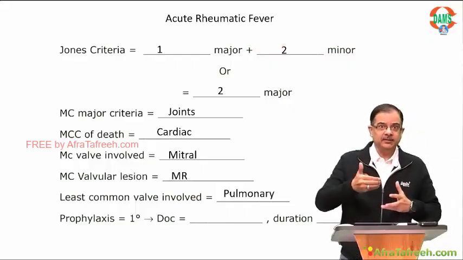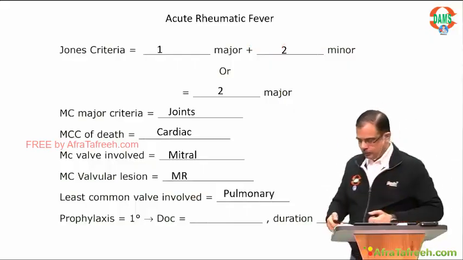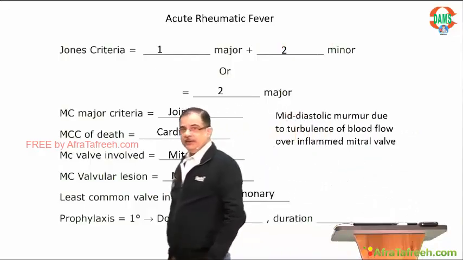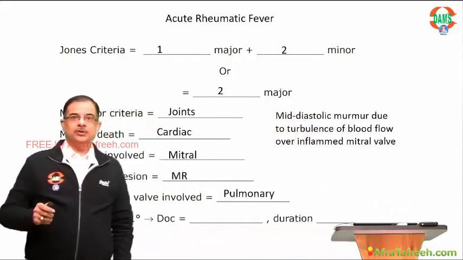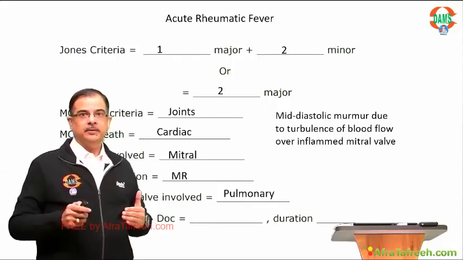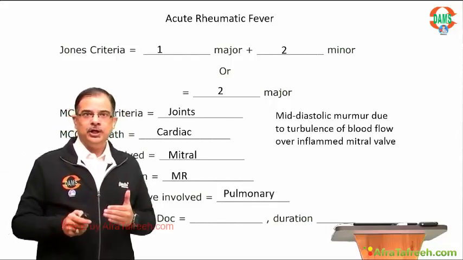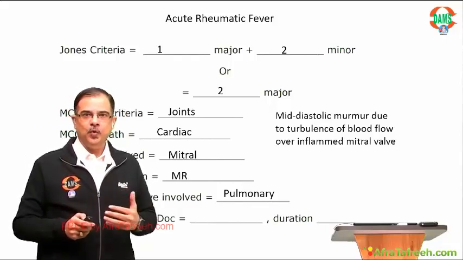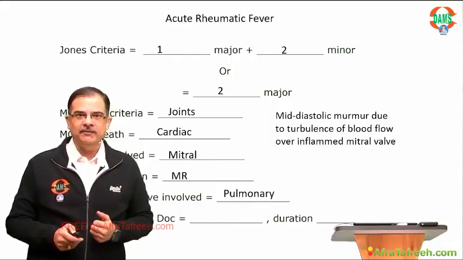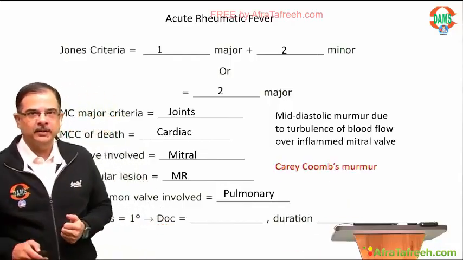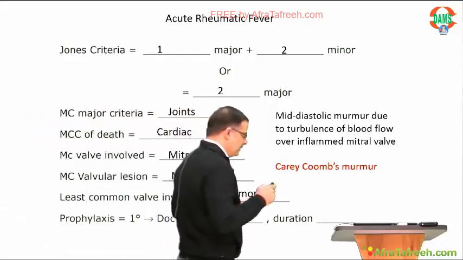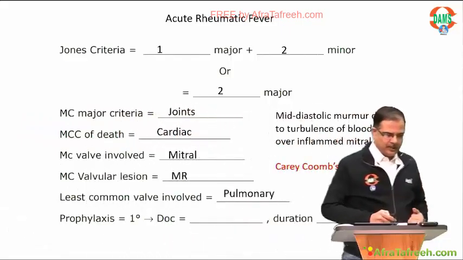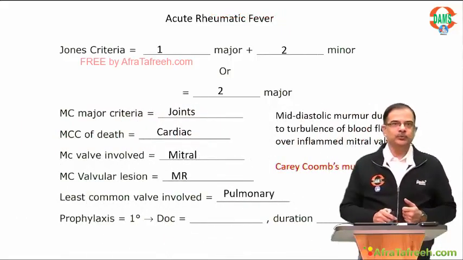Turbulence is there in mid diastole. So this murmur is a mid diastolic murmur, due to turbulence of blood flow over the inflamed mitral valve. This murmur is popularly known as the Carey-Coombs murmur. Yes, it is a Carey-Coombs murmur.